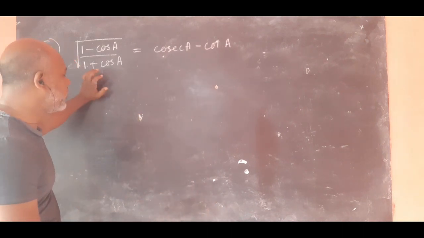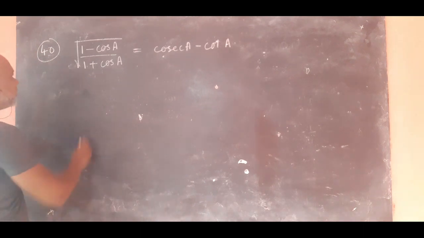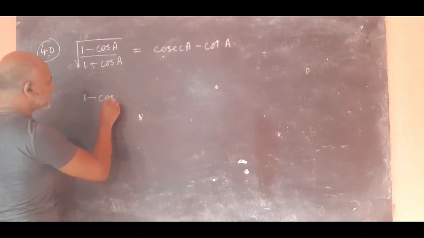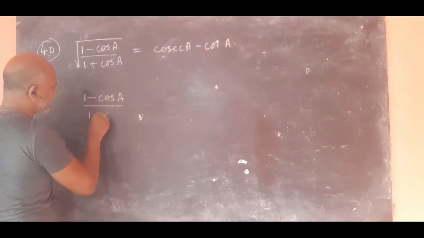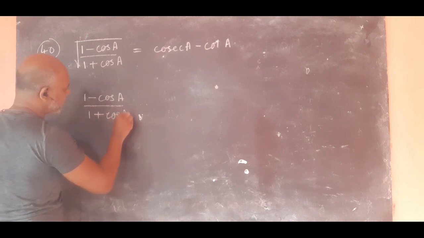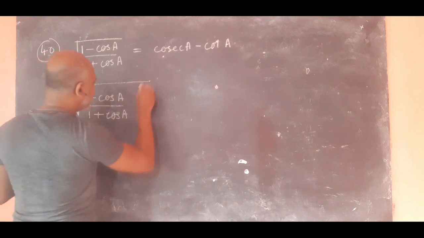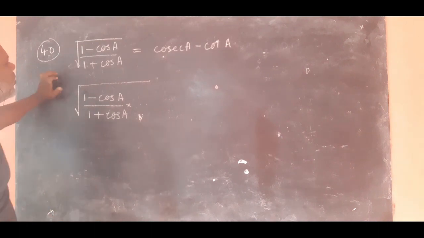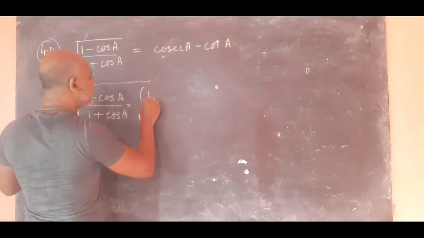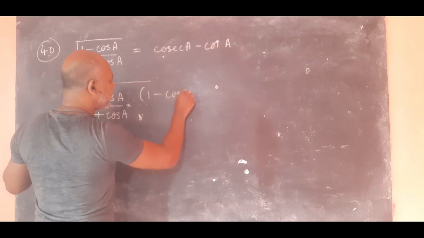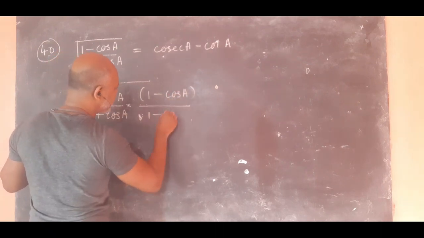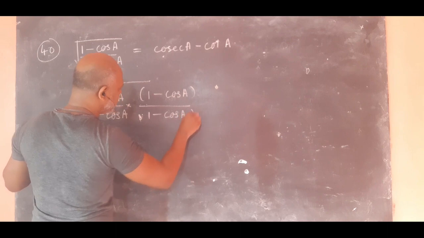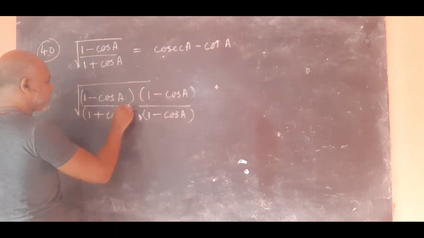So we again have to remove the denominator. So what we'll do? 1 minus cos A by 1 plus cos A under root, and inside this square root we'll multiply 1 minus cos A on the numerator and 1 minus cos A on the denominator.